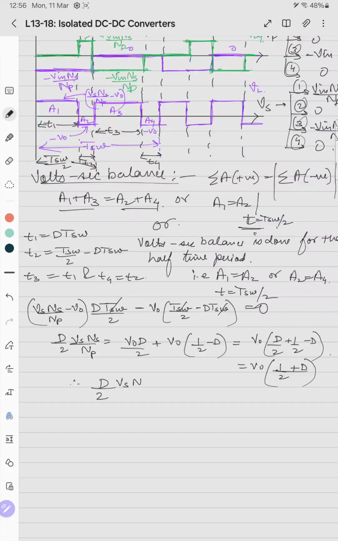It is not Vs, it is Vin. Vs equals Vin, sorry, my bad. So here it will become D by 2 into Vin into Ns by Np equals V0 into 1 plus D whole by 2.